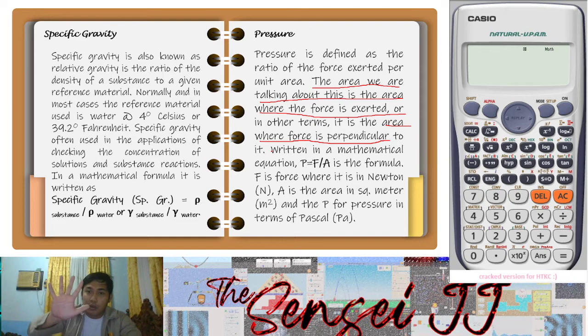And it is perpendicular, meaning the force exerted is going up in this direction, and the area is this. As you can see, the area is in front of you, and the force is also coming in front of you. They are not parallel; they are perpendicular.